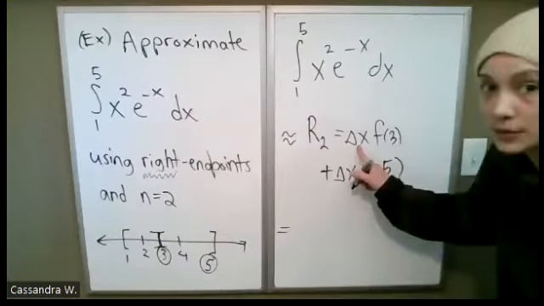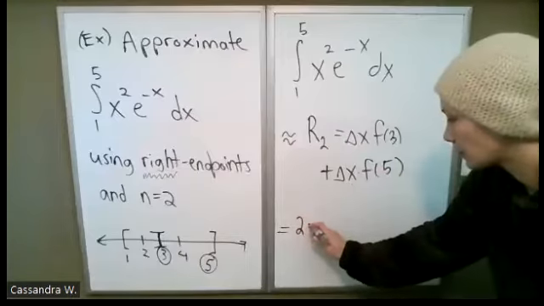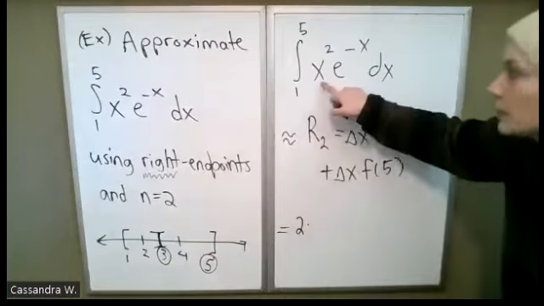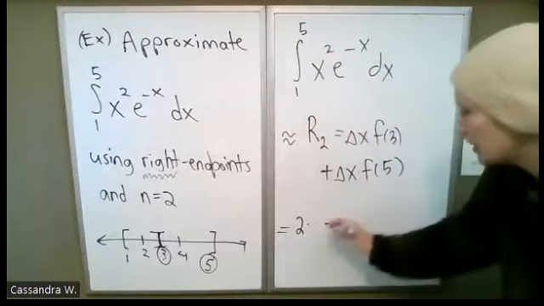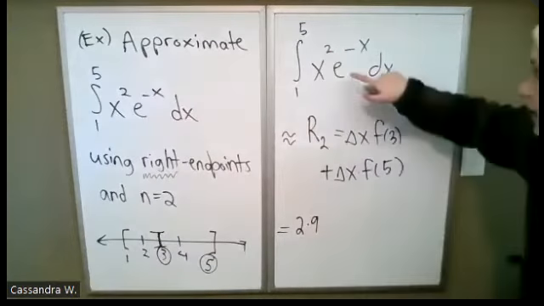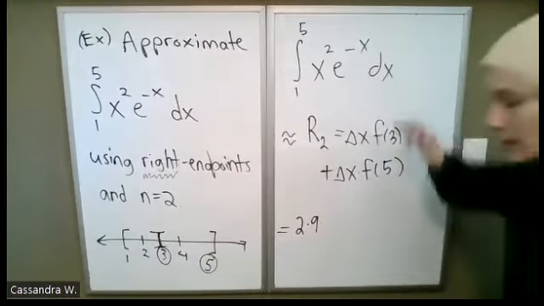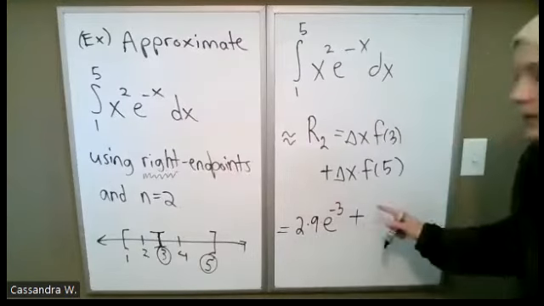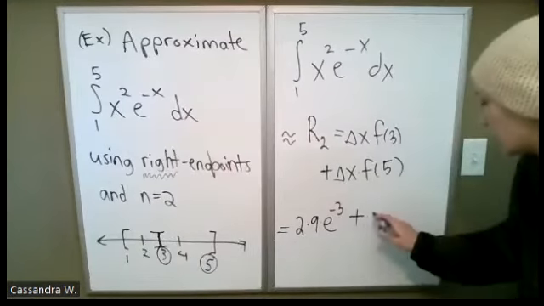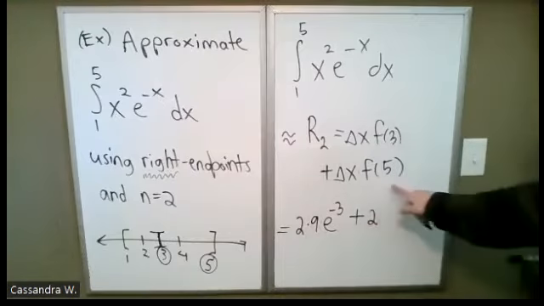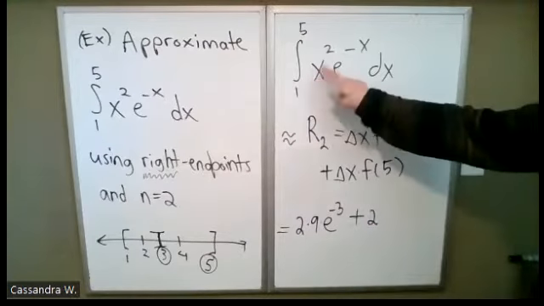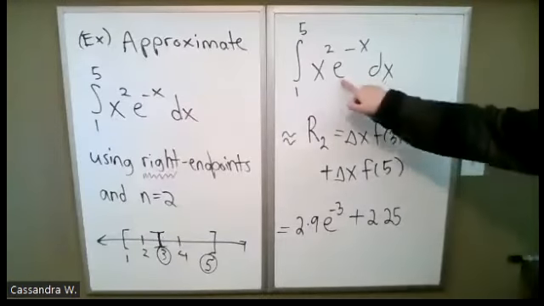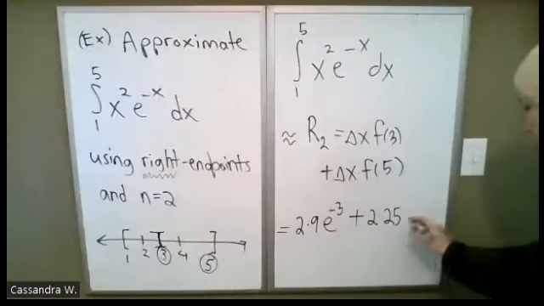Okay, so delta x was 2. And then put 3 into your function, so 3 squared would be 9. And then e to the power of negative 3. Add 2 times f of 5, so it's going to have a 5 squared, which is 25, and e to the power negative 5.